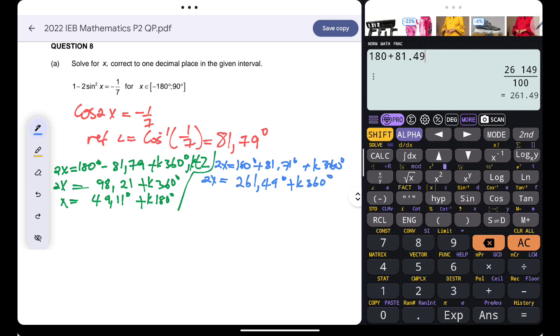Then whenever I divide both sides by 2, I'll get x is equal to 130.75 plus k 180. Then all I need to do is to just substitute the different integer values, okay?